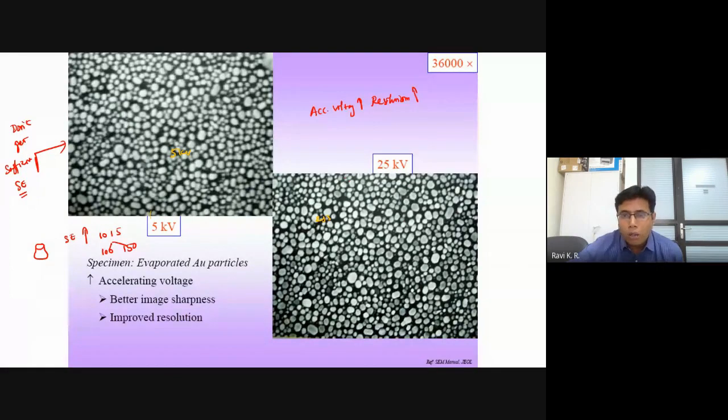By increasing this value, the diameter is increasing, but the interaction volume is sufficiently large, so you can actually make the difference. That is what is happening.